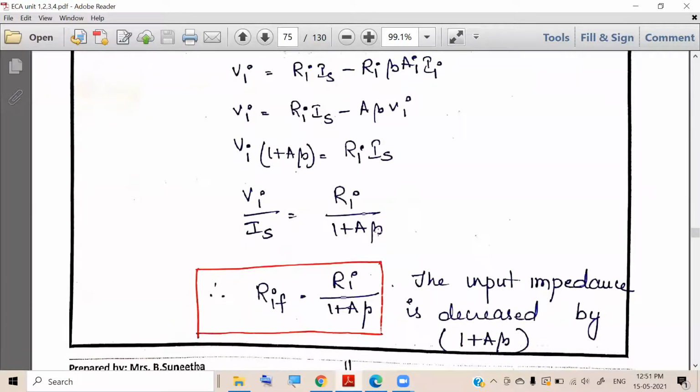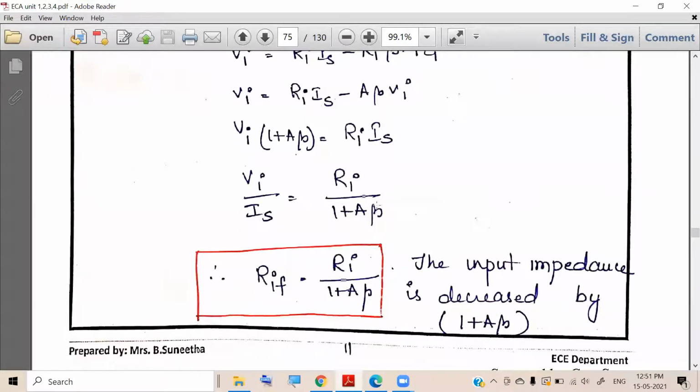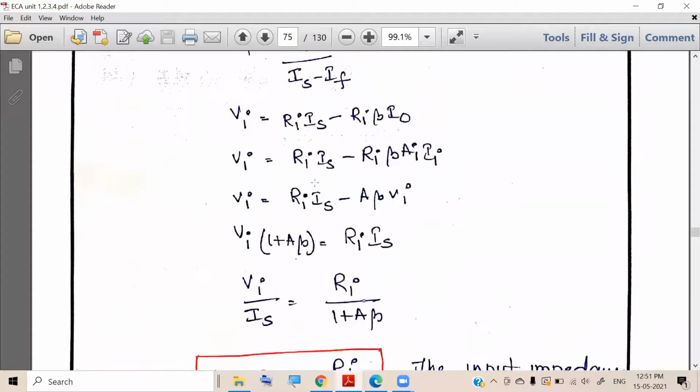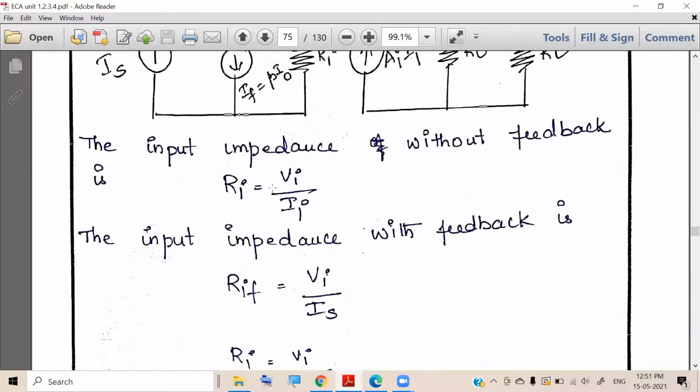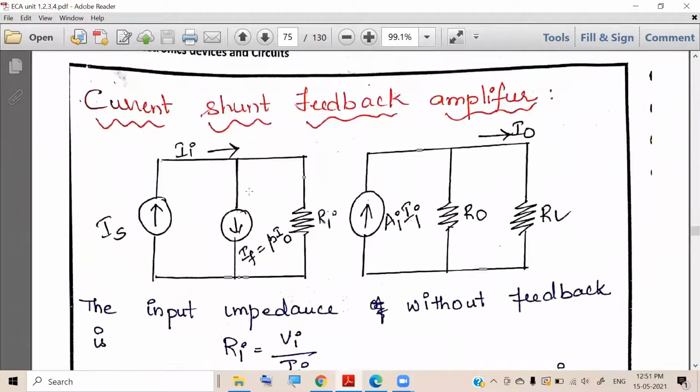So input resistance we found out. Next, the last one is the output resistance. Before we start deriving, let us use our intuition, our logic.